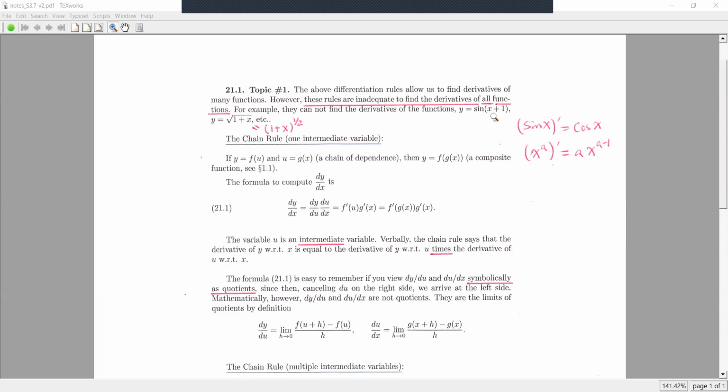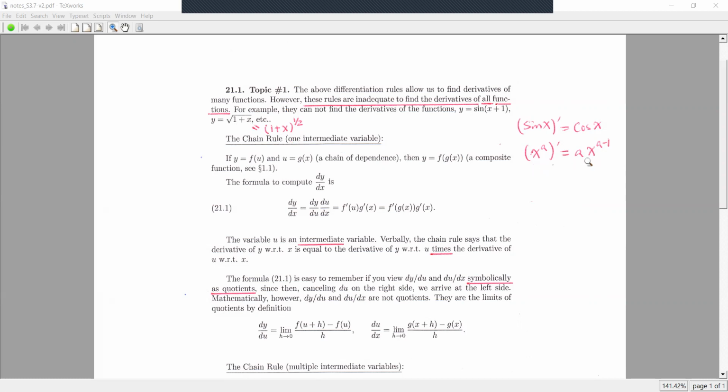Mathematics is precise. A little difference may lead to a big difference in the result. Similarly, square root of 1 plus x is a power function. We have a formula to compute the derivative of a power function.